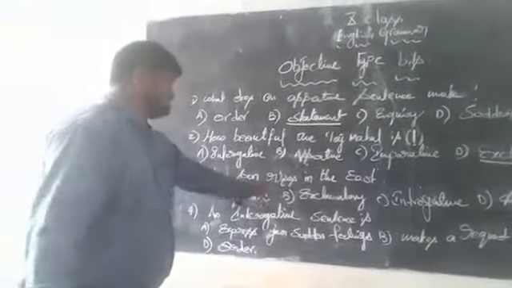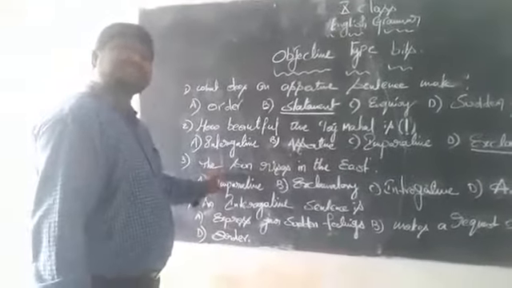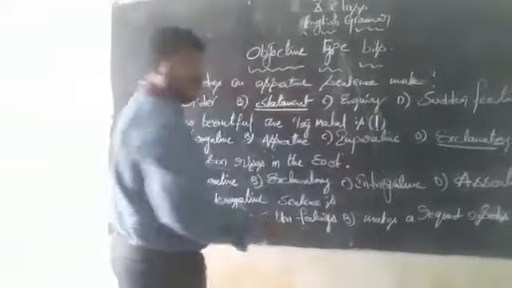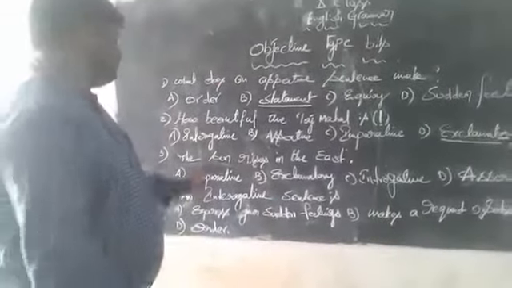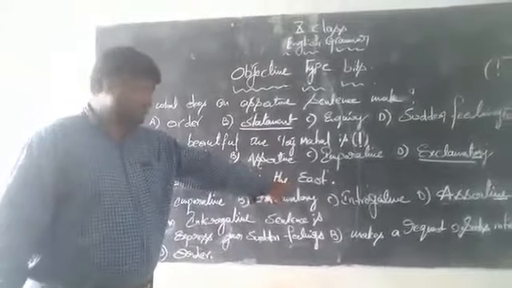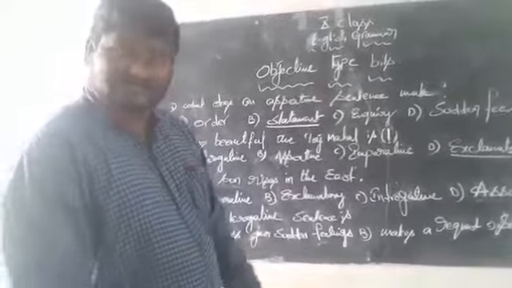The sun rises in the east. Here, the sentence starts with the subject and ends with a full stop. I already told you, the sentence that starts with the subject and ends with a full stop, we call assertive or declarative.